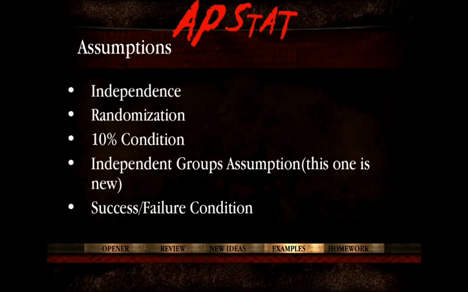But I also wanted to know that this particular group, the control group, had no influence over the treatment group. If the independent groups assumption fails, then what turns out is we have a matched pairs design. It's like before and after. It's like a weight loss drug.